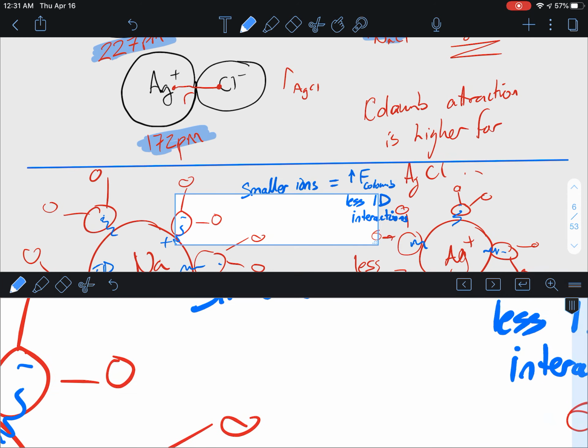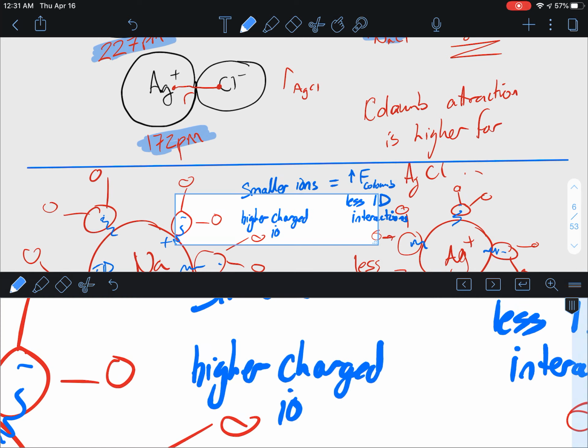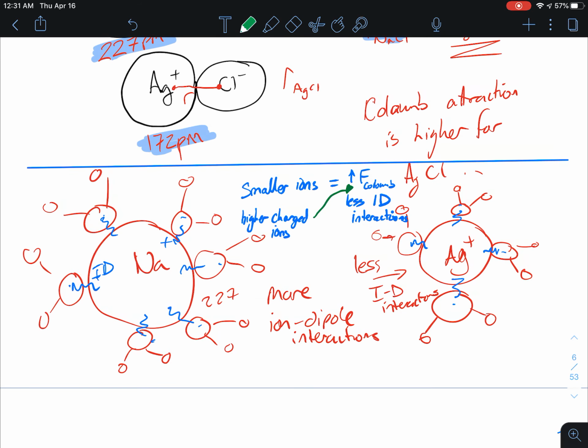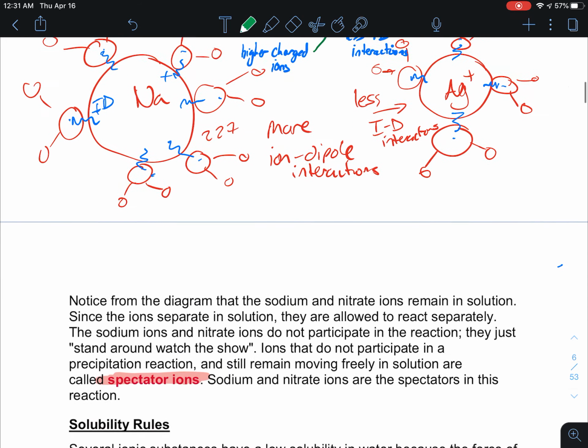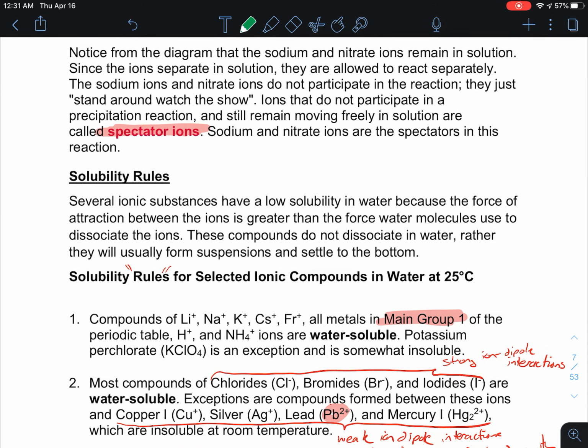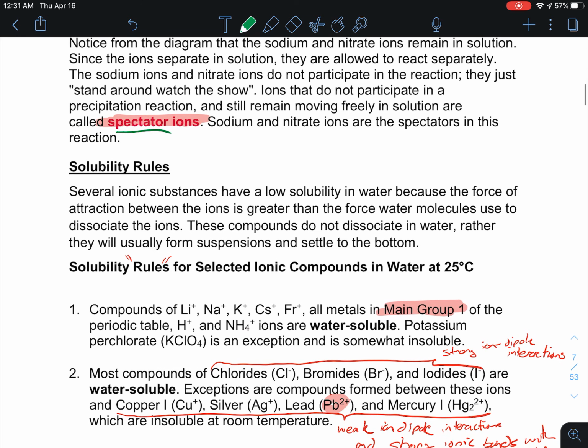We will also find that higher charged ions also have a higher force as well. So you'll find that things like magnesium will have less solubility than sodium. So with that in mind, anything that's not dissolved in these reactions is known as a spectator ion. So we'll identify those in a little bit when we start talking about the reactions.